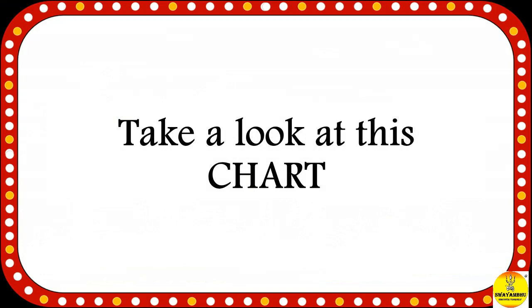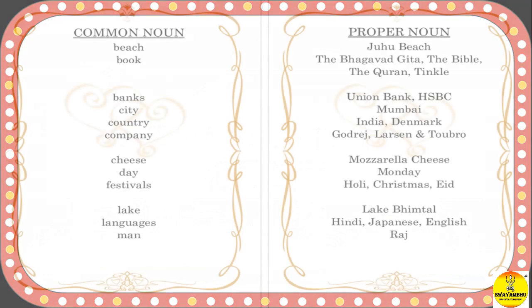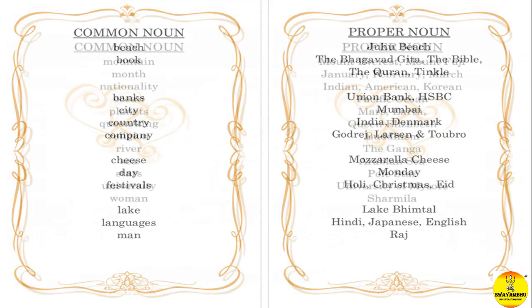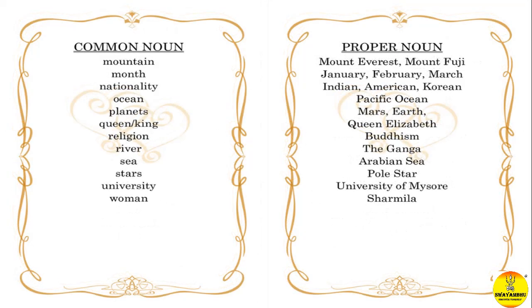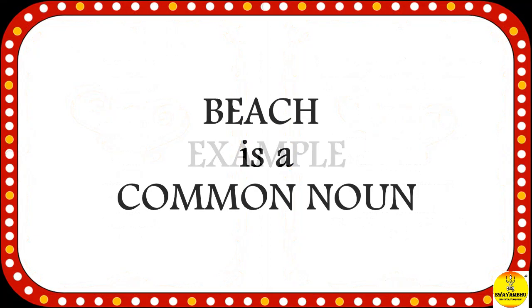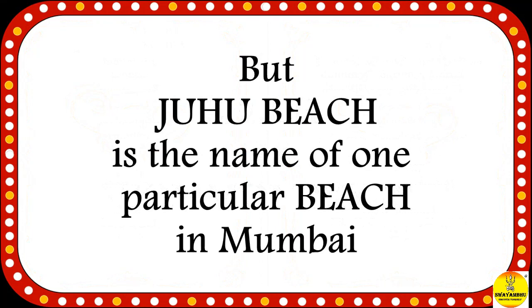Now, take a look at this chart. In this chart, all the nouns to the left are common nouns and all the nouns on the right are proper nouns. For example, beach is a common noun, any beach. But Juhu Beach is the name of one particular beach in Mumbai.